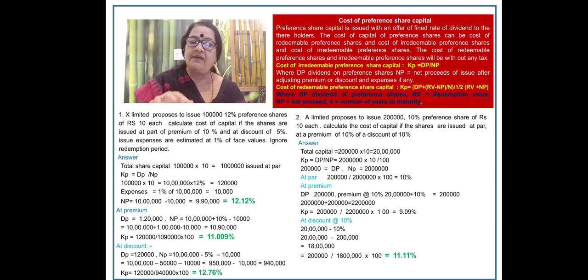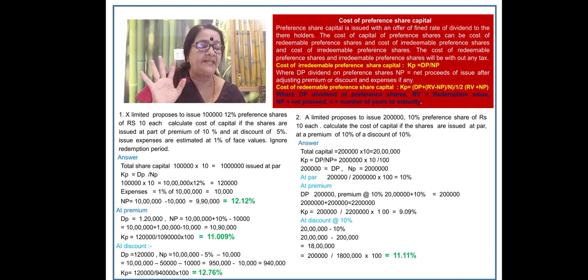Now it is given 5% discount. So here also dividend is the same, 1 lakh 20,000. NP will be changing. From the face value, the discount should be deducted. So 10 lakh minus 5% discount minus 1% expense.